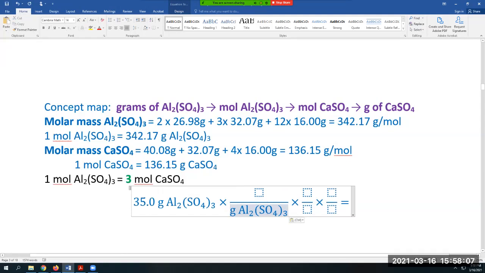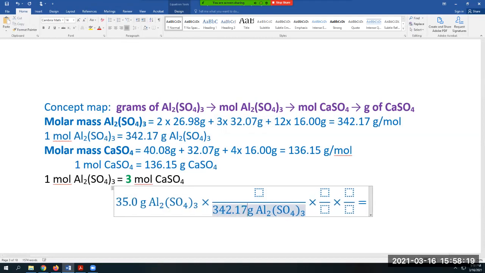And here at first we are changing grams of aluminum sulfate to moles, and we are using the molar mass of aluminum sulfate. So what comes with this unit is 342.17 grams of aluminum sulfate, and that's for 1 mole of aluminum sulfate. So that changes the grams to moles of aluminum sulfate.